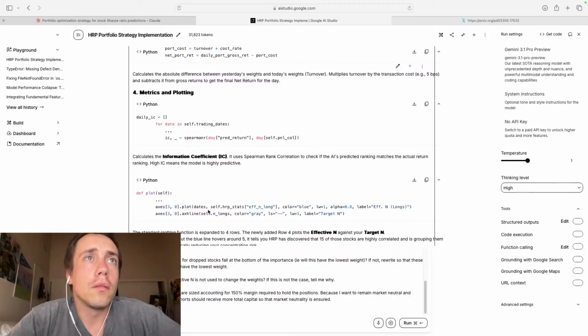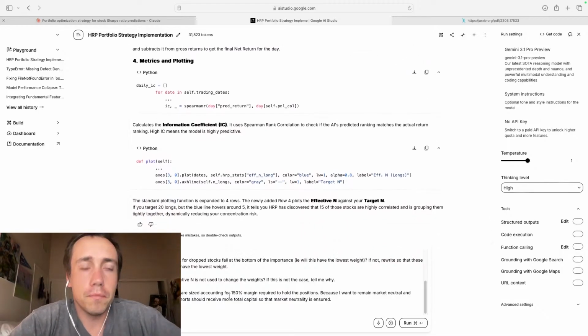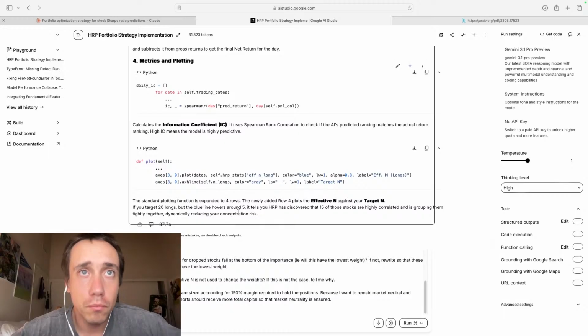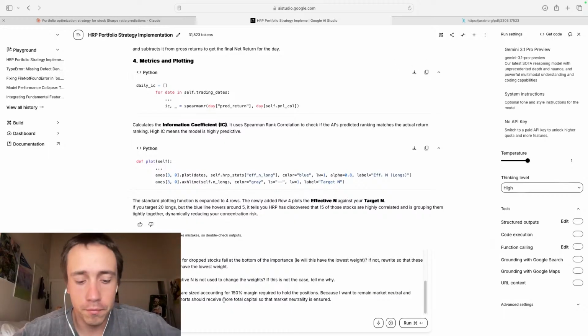Metrics and plotting. That's all good. Alright, so the standard plotting function is expanded to 4 rows. Don't expand the plot to 4 rows.